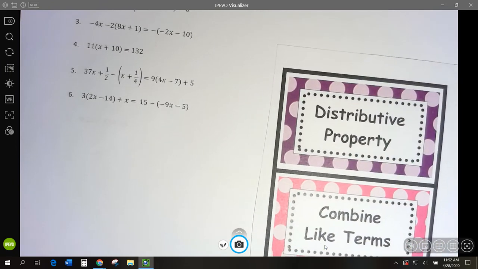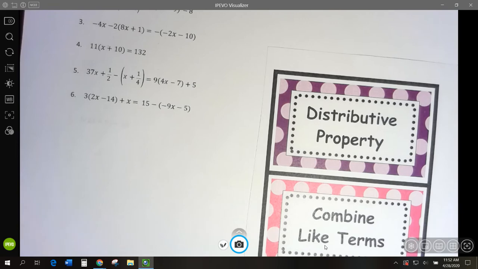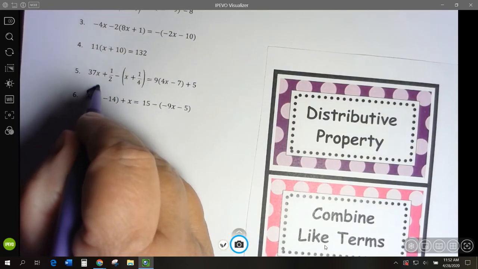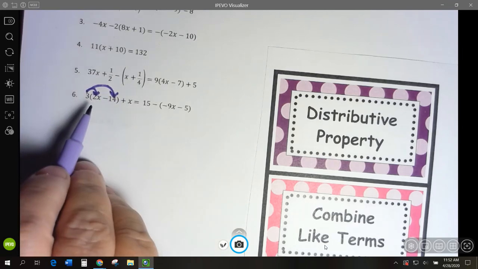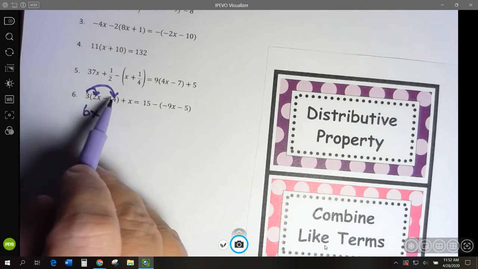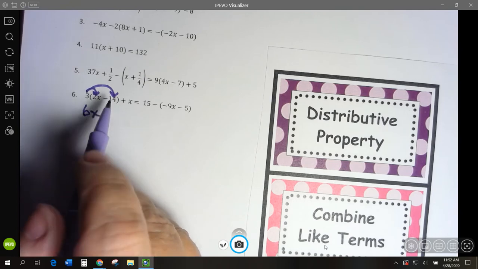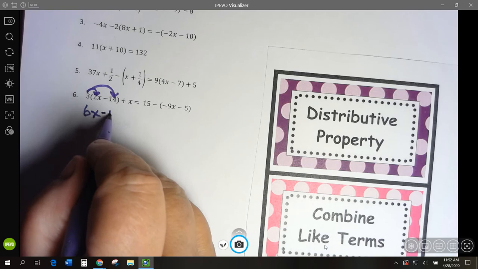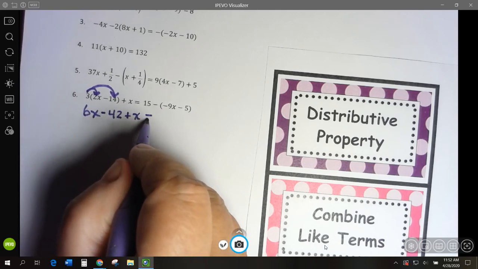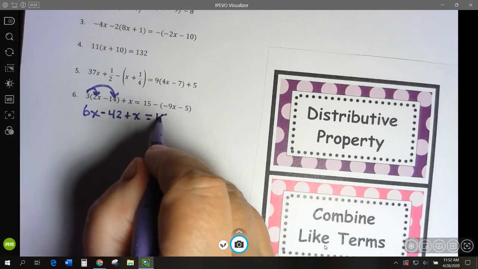Once again, let's start with our distributive property. We have one here. 3 times 2x is 6x. 3 times a negative 14 is a negative 42. And I can bring down my x equals 15.